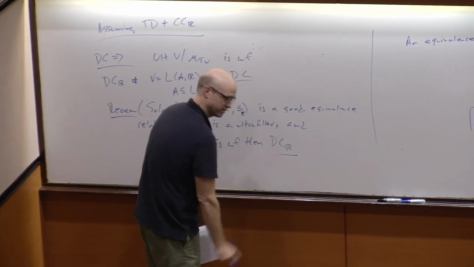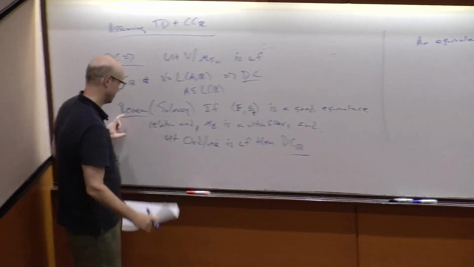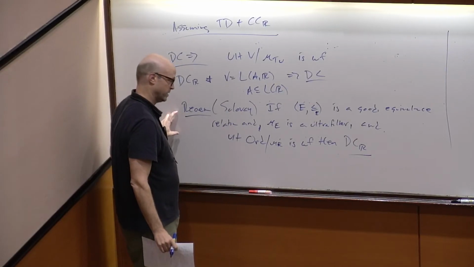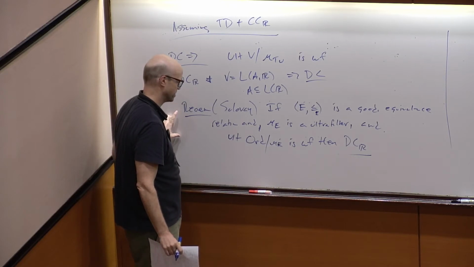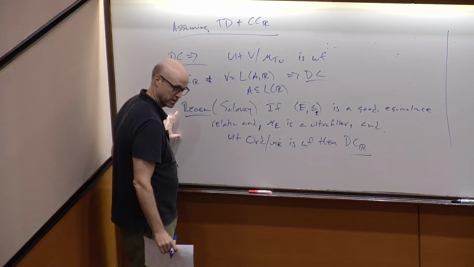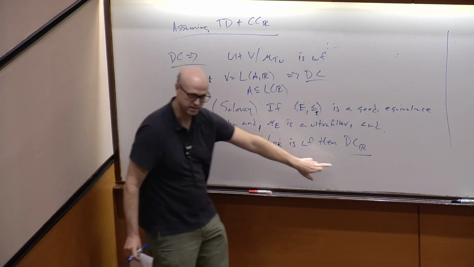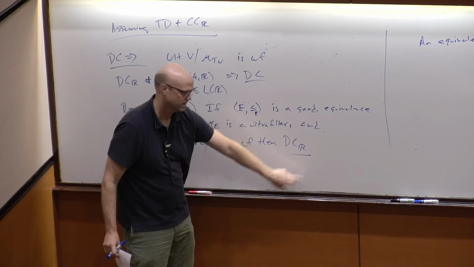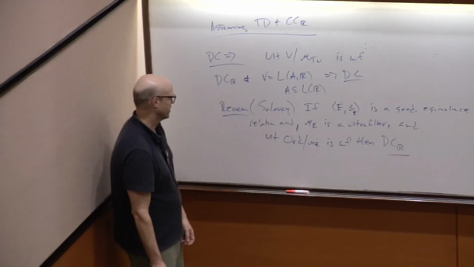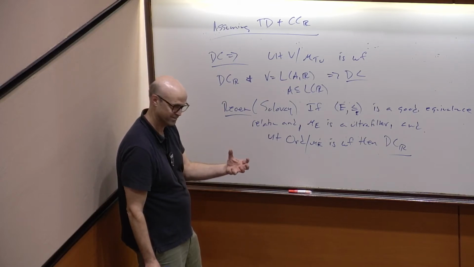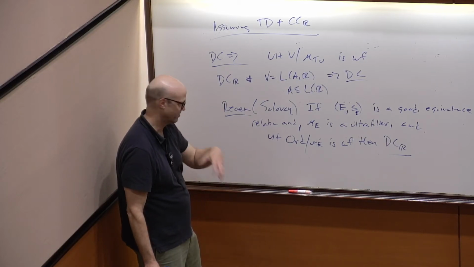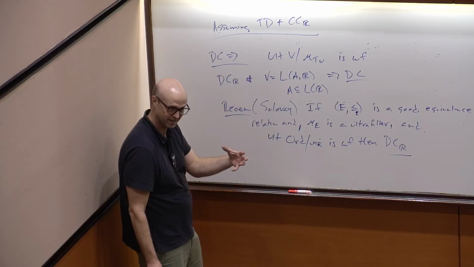I get DCR back; I'm not assuming DCR in this. So if you take the ultrapower of the ordinals of the universe by your good equivalence relation, which happens to have the property that its cone measure is an ultrafilter, then well-foundedness of the ultrapower gives you back DCR. The point is that DC omega, DC countable, is a theorem, and so well-founded countable trees have rank functions.